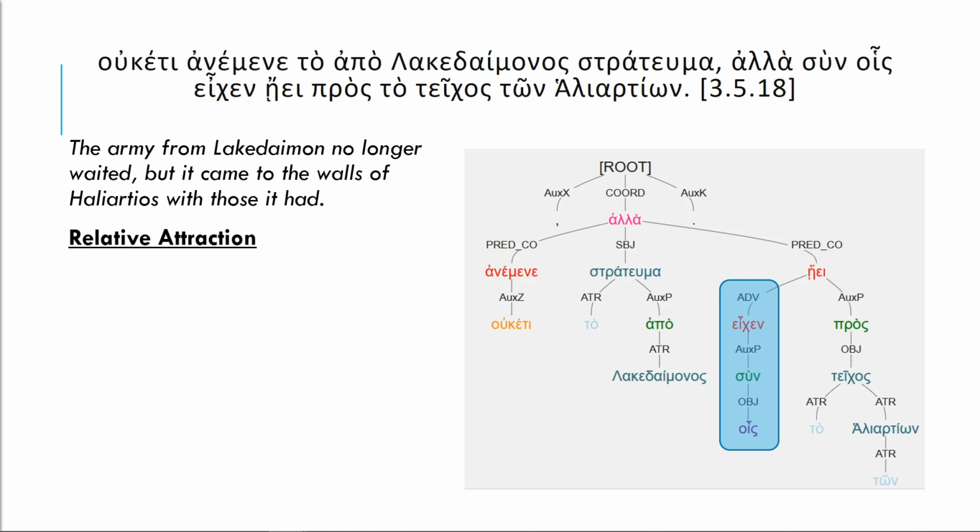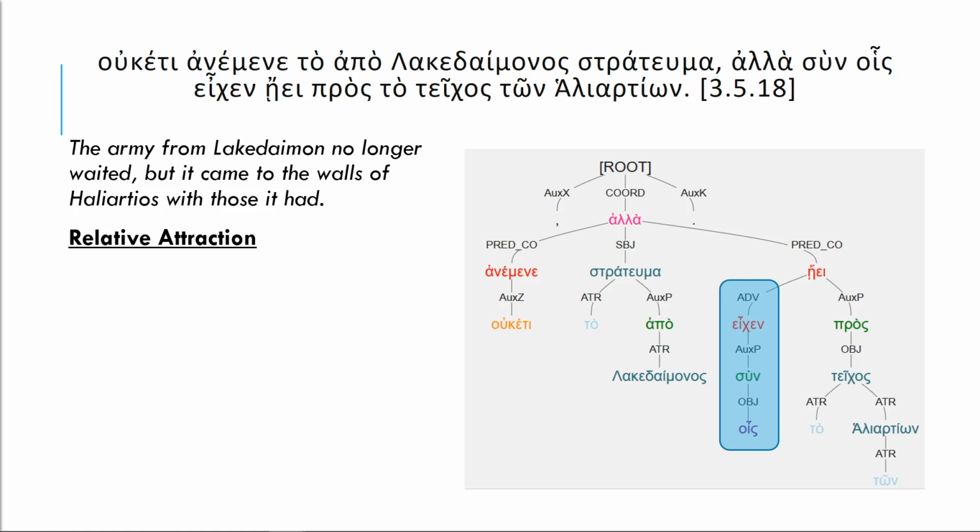And we call this, when something's in the wrong case because it's close to something else in that case, attraction. And in the case of relative clauses, it's very easy to omit pieces and change the case in the relative clause.